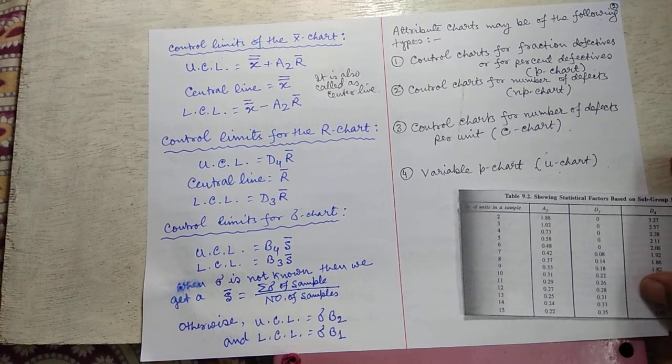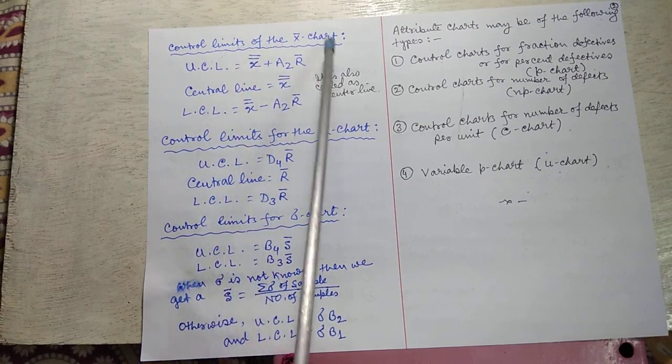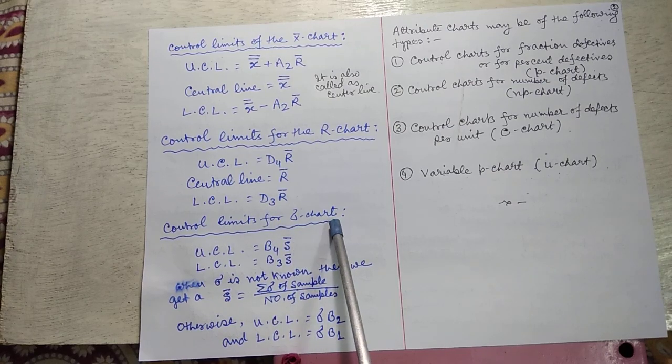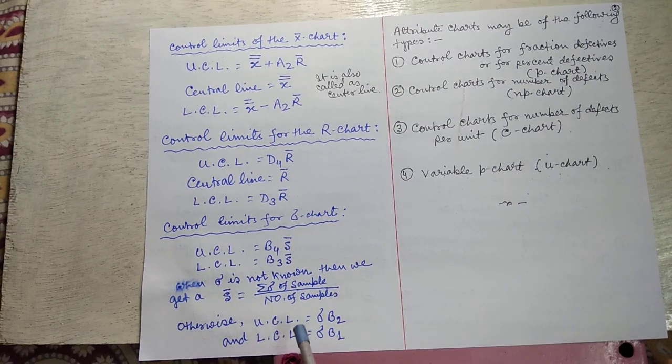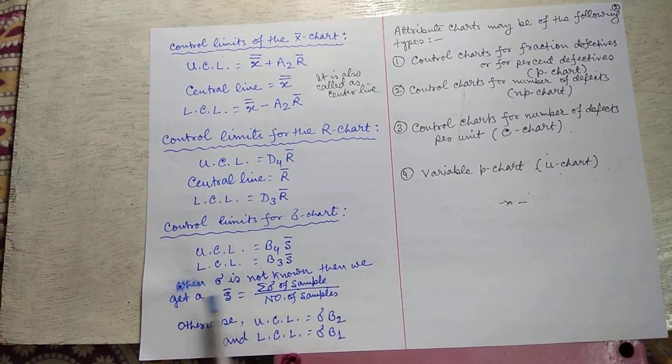Now see, we have already discussed the control limits for the R chart and control limits for the X bar chart, and control limits for standard deviation chart. Here upper control limit is sigma, that is standard deviation, into B2, and lower control limit equals standard deviation into B1. But where standard deviation is not known, then we get S bar, that is summation of standard deviation of sample by number of samples.